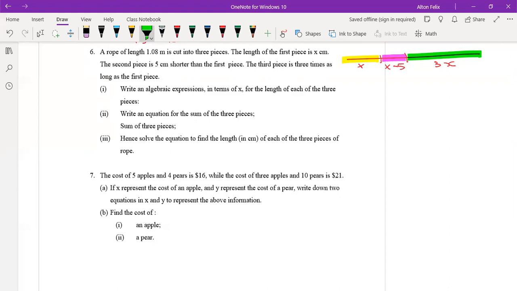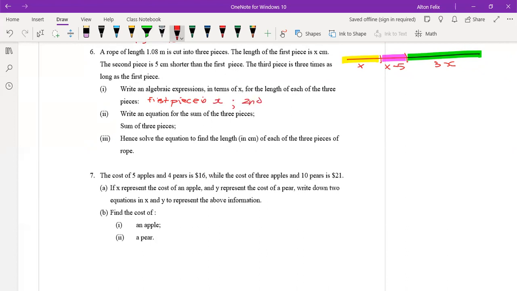Write an algebraic expression, in terms of x, for the length of each of the 3 pieces. So I did that. If you wish, you can simply repeat your answer. First piece is x.